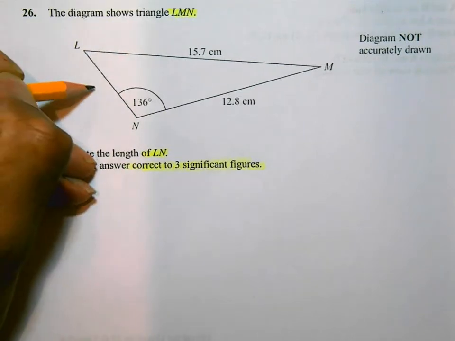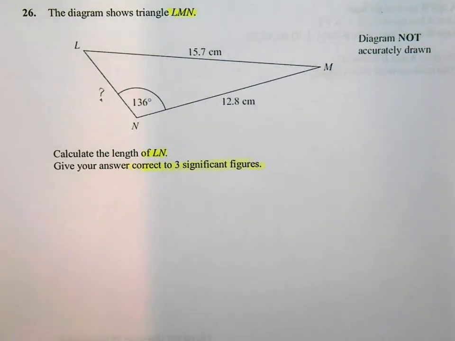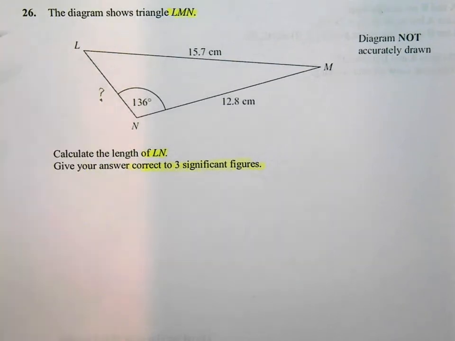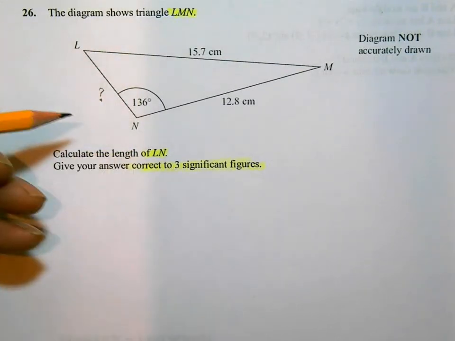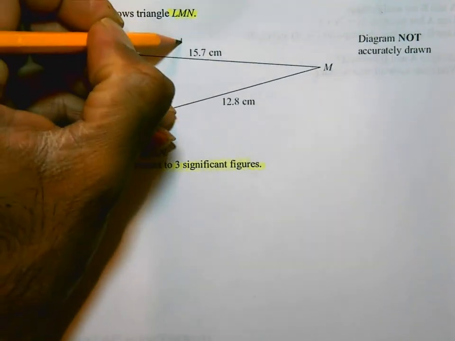So LN, and I'll just put a question mark over there. That's what I want to work out. And let's think about this. I've got N here, and I'm going to use the same conventions of the sine and cosine rule. So if that's N, that's going to be small n.